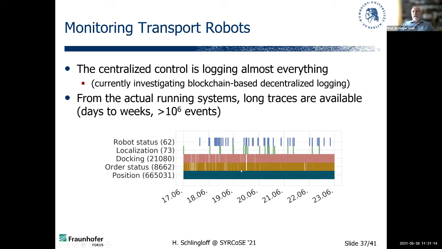We analyzed these logs and found out that the vast majority of the log files is position messages of the robots: I am here, I am here. But there are also messages about order status and docking: I successfully attached at machine X, or I'm unable to localize myself, can you please help me where I should be? And generally messages about the status: I'm out of order, or I need help, or whatever.